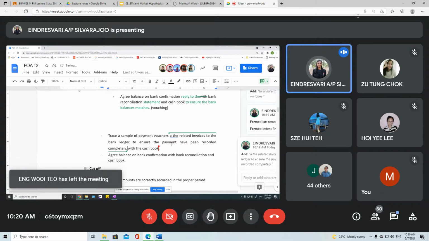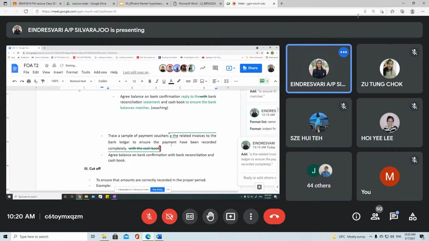So what this means is your source document is payment vouchers and the related invoices. You see, I use the word invoices.